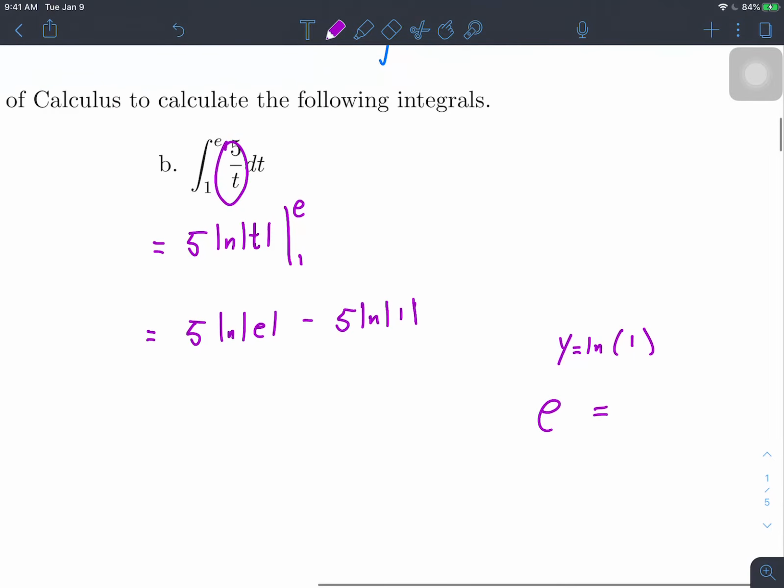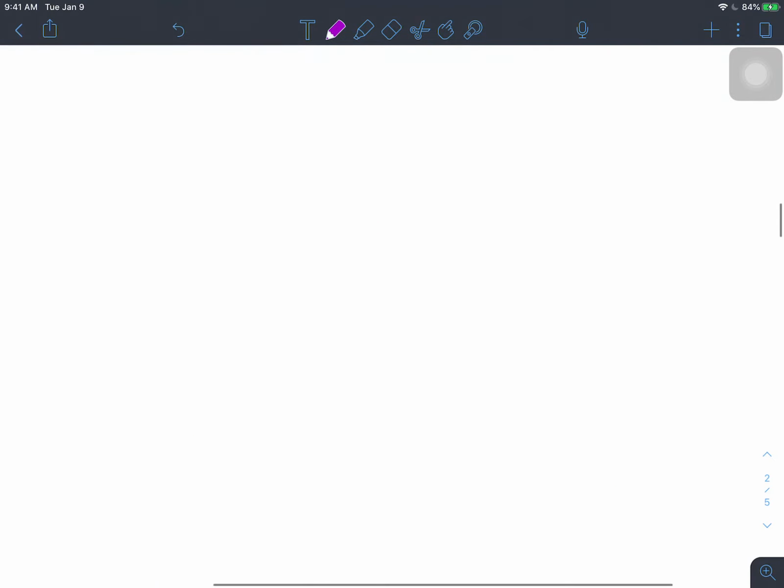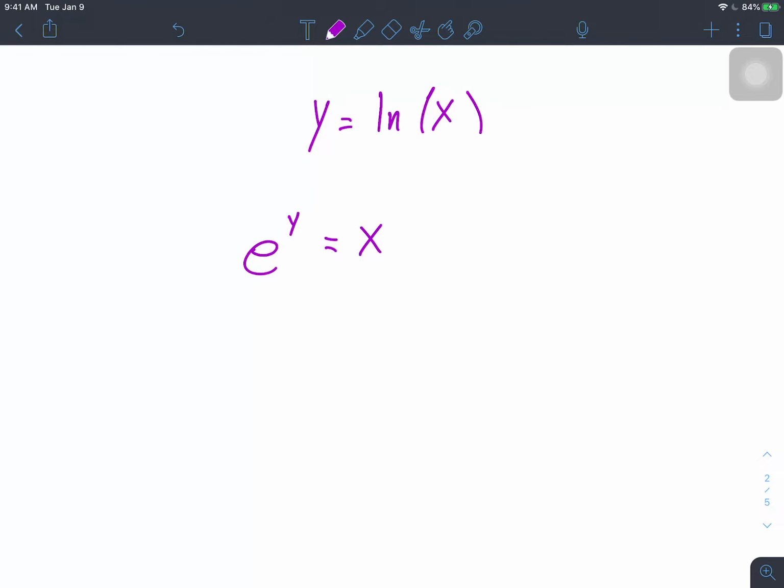The corresponding exponential equation, okay, let me review a little bit then. If we have y equals ln of x, the corresponding exponential equation is e to the y equals x. We can do that by just taking both sides to the e power, right?